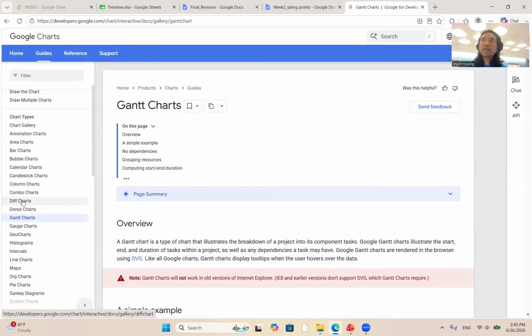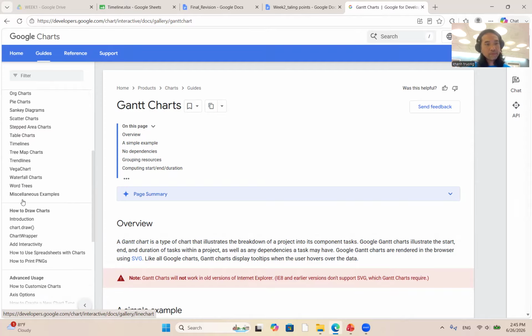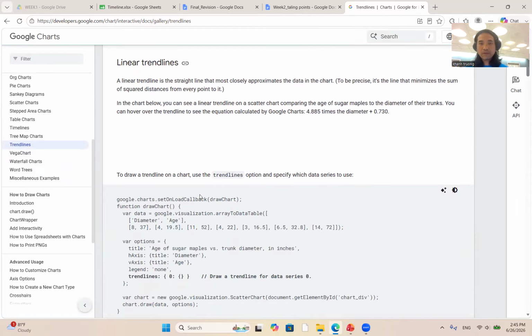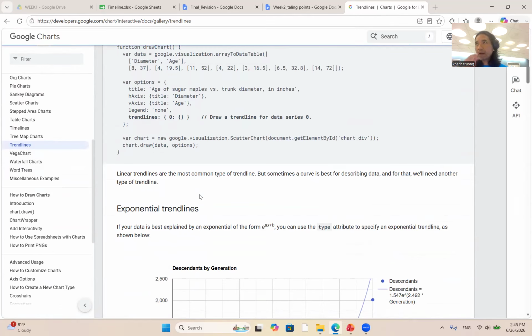But whatever you learn in Google Sheets, you will be using to learn more stuff in Microsoft Excel. Okay, so if you're interested in seeing exactly how all these graphs are implemented by developers, you can look into all this stuff.